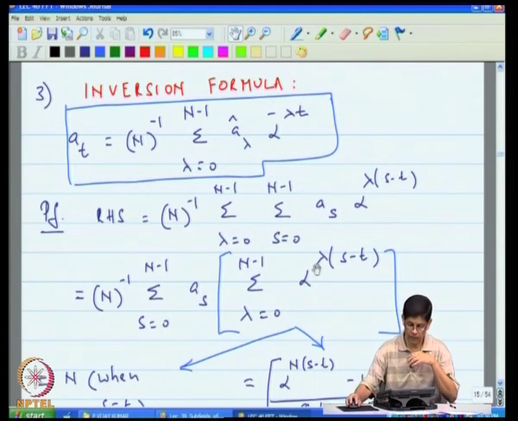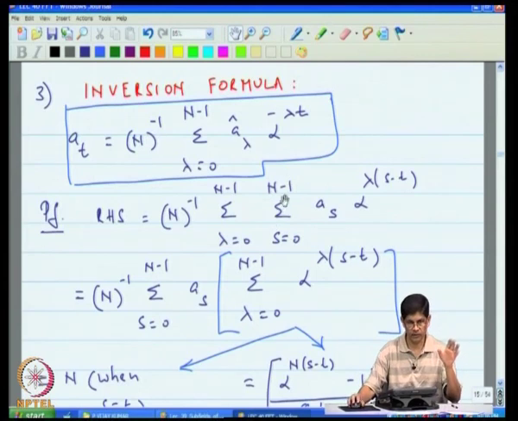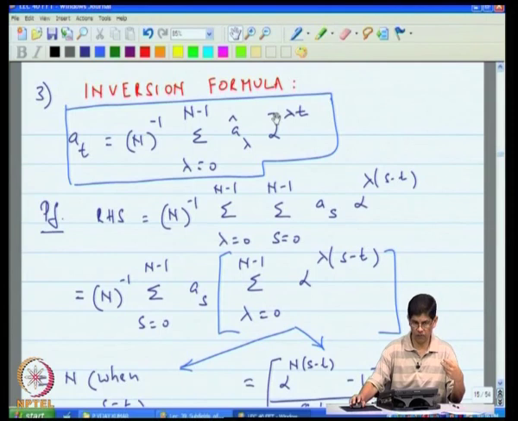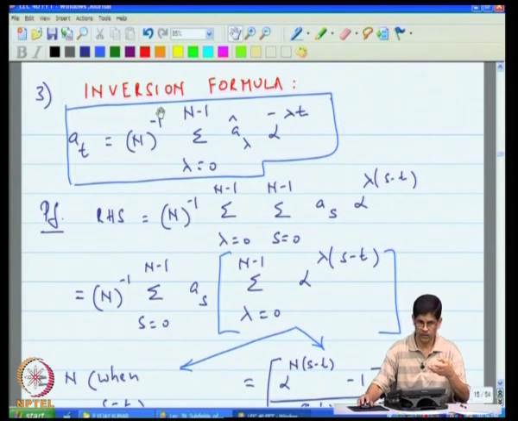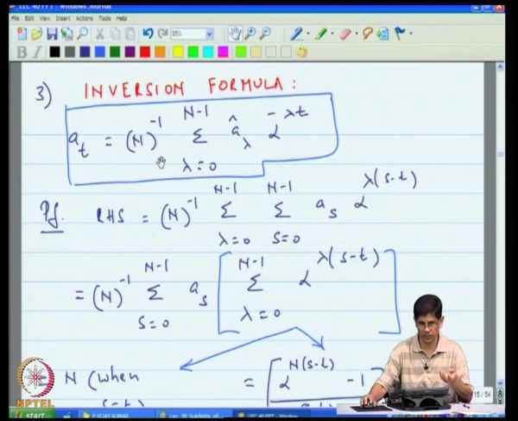So, the inversion formula is very similar to the case of the discrete Fourier transform, where you had a plus in the forward transform you have a minus now, and then you have an additional scale factor. Now, this n inverse you should interpret as the inverse of n in the finite field F q to the m.